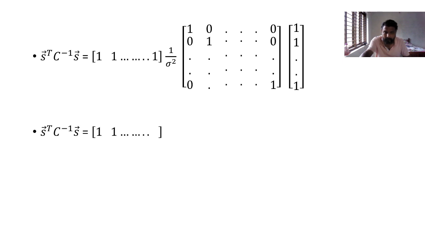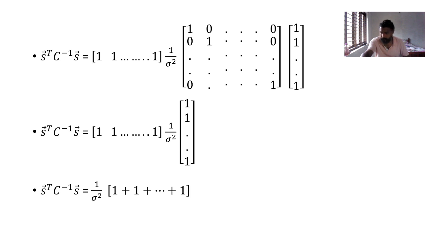I think it's now clear. So again 1 by sigma square, 1 plus 1 plus 1 plus, etc. That changes to 1 plus 1 plus, etc., which gives n by sigma square.